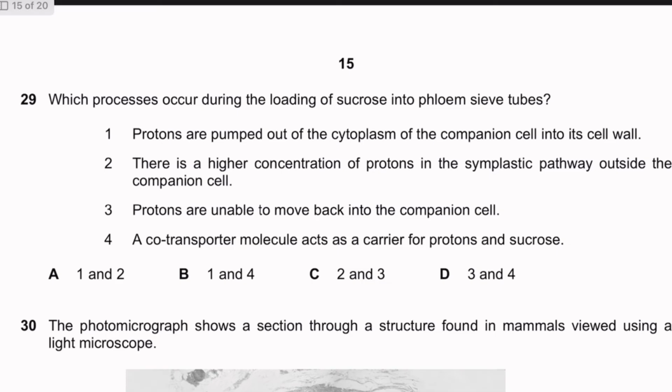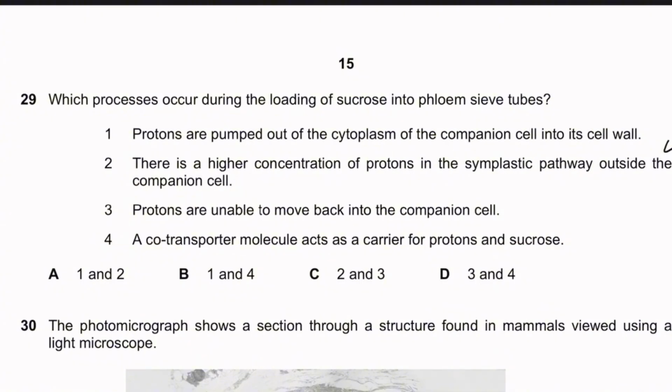Which process occurs during the loading of sucrose into the phloem sieve tube elements? Protons are pumped out of the cytoplasm of companion cells into its cell wall. That is true, that does happen during loading. There's a higher concentration of protons in the symplastic pathway outside the companion cell.